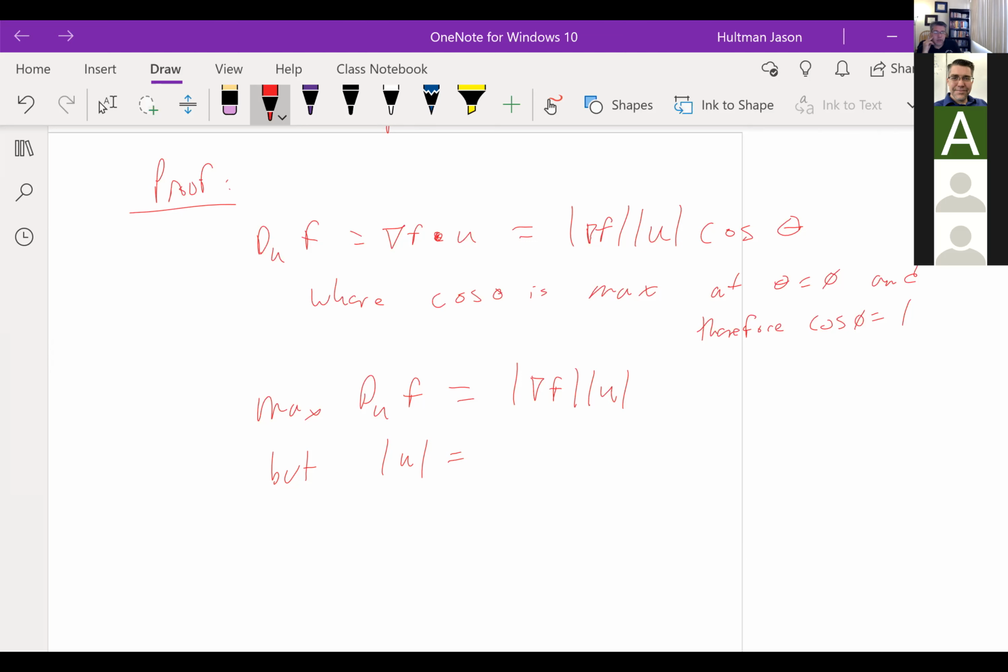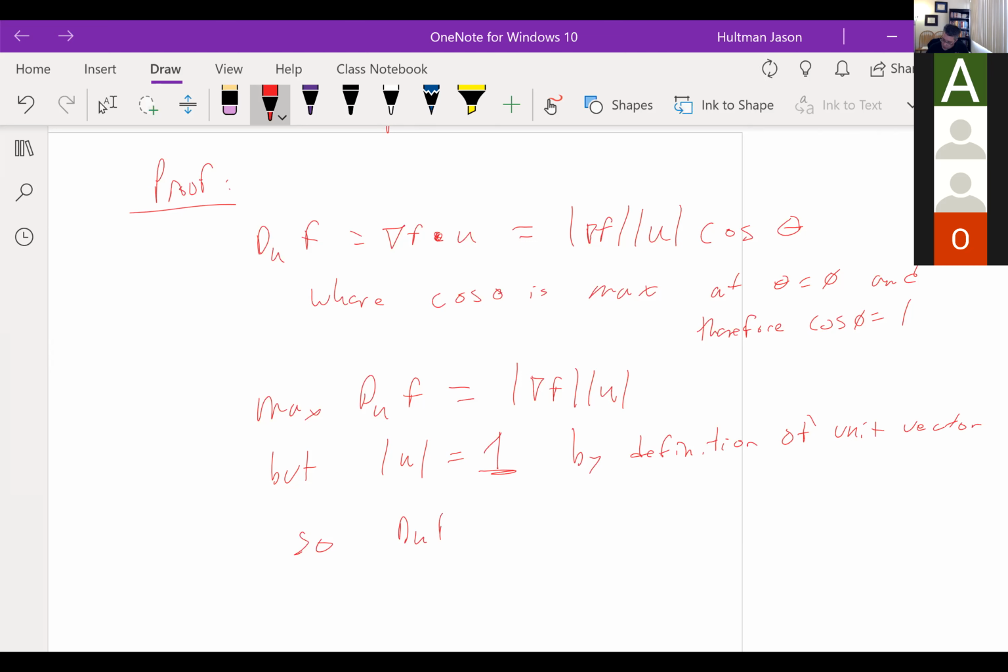So u is a unit vector. What's the magnitude of a unit vector? 1. There you go. So this is by definition of a unit vector. The magnitude is 1.